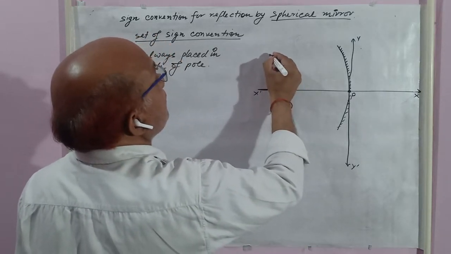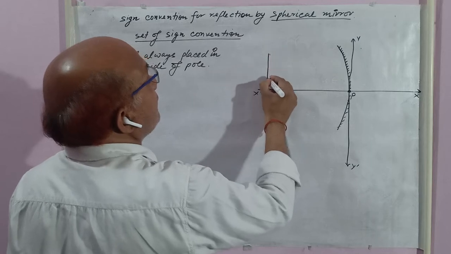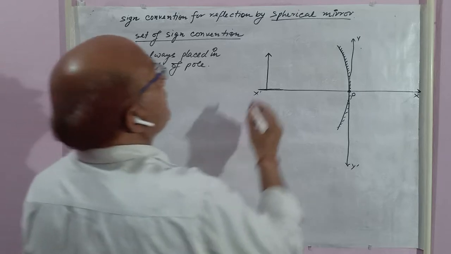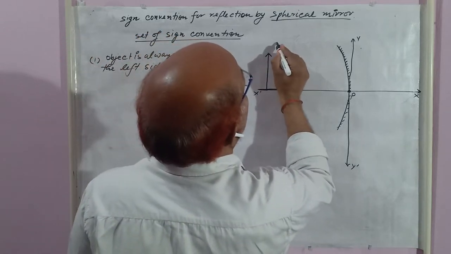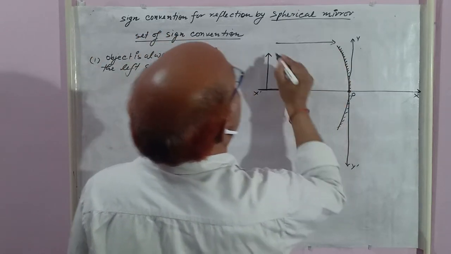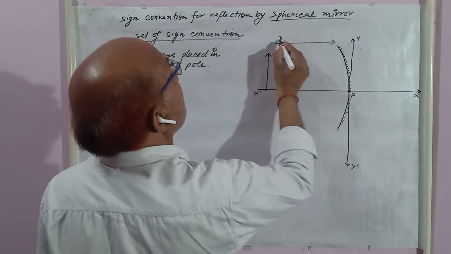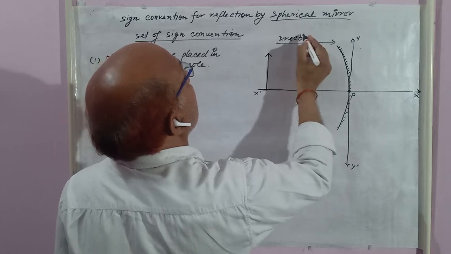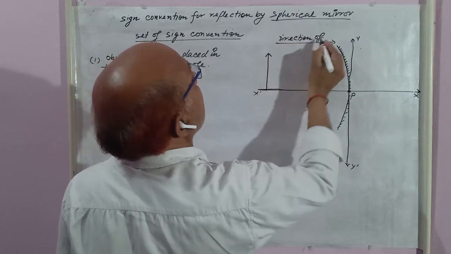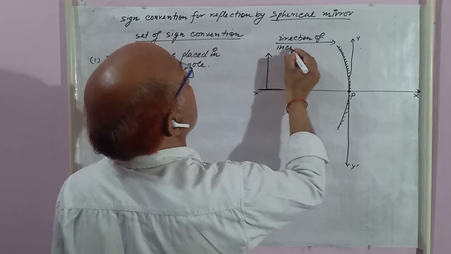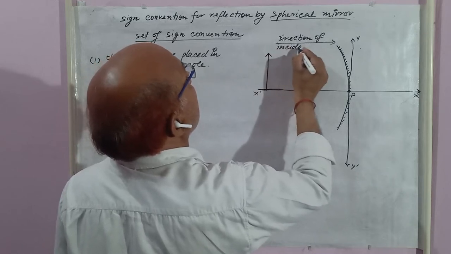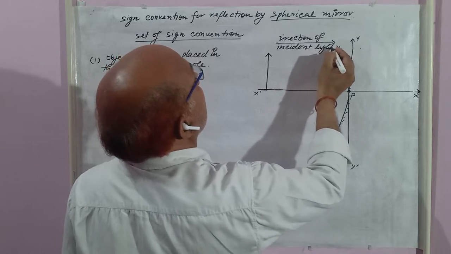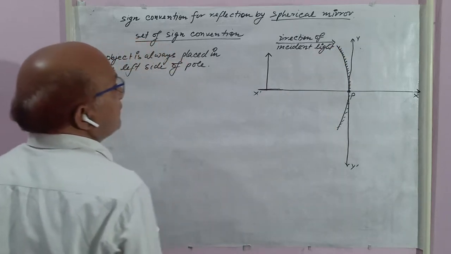Suppose this is the object. This is the direction of incident light.